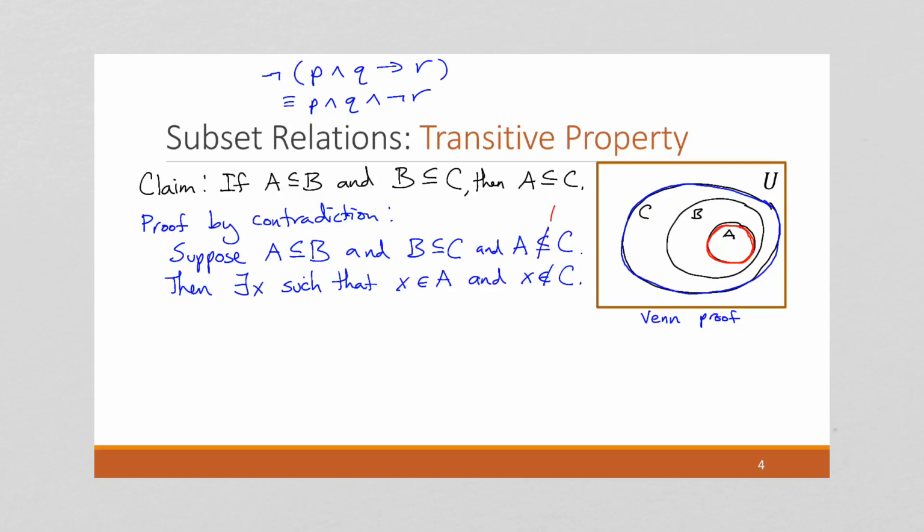That's what it means when we say not a subset of. So we can then say because A is a subset of B, that's part of our supposition, we know that any X, let's draw this X. Here's the little X in our illustration.